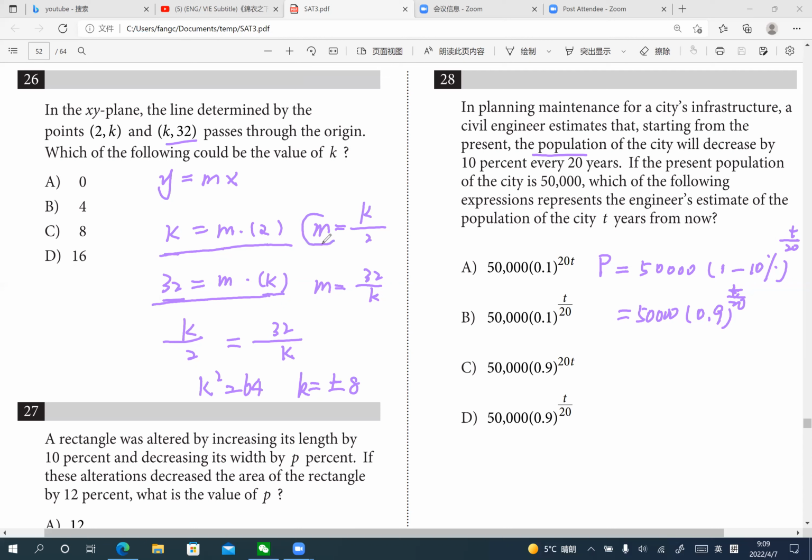Because m is equal to m, k over 2 should be equal to 32 over k. So then we just need to solve this proportion, and k squared should be equal to 64, and k should be equal to plus or minus 8. So we should choose option C.